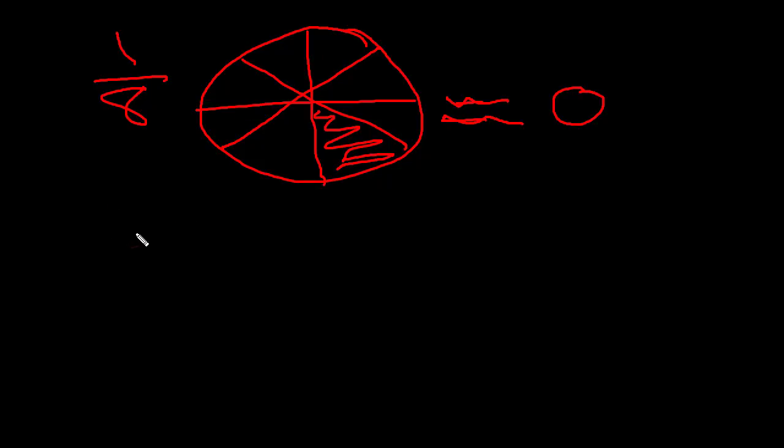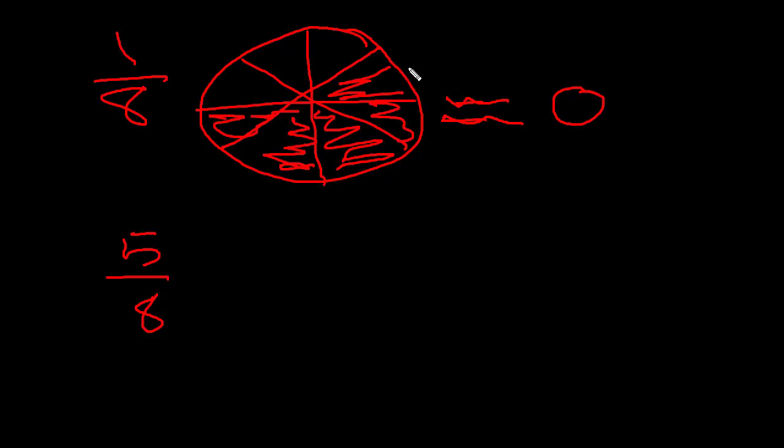Now, if I'd been given 5/8, then I might think of pizza again and say, okay, 5 out of 8. Well, that's a lot. It's not the whole pizza, but it's pretty close to half of a pizza, right? So I might say, well, 5/8 rounds pretty closely to a half.